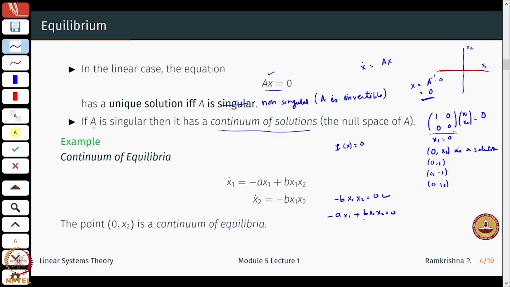From here I already know that b x1 x2 is 0, therefore I am left with just minus a x1 is 0, which means that x1 equal to 0. This is the only thing I can derive, and therefore 0 and any x2 is an equilibrium point for this system, and therefore this system also exhibits a continuum of equilibria.